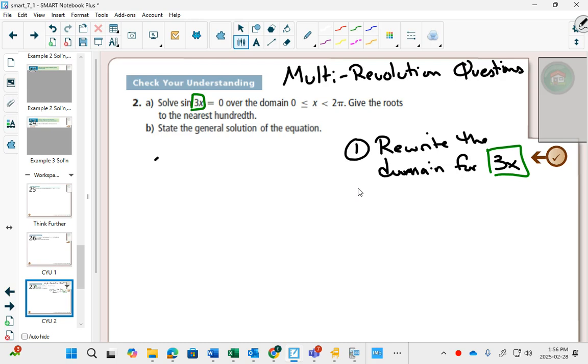What's our domain right now? Our domain is that the x is between 0 and 2 pi. If 1x is between 0 and 2 pi, what would 3x's be between? In other words, if I got you to pick a number between 1 and 10, and then I told you to triple it, everybody's numbers would now be between what and what?